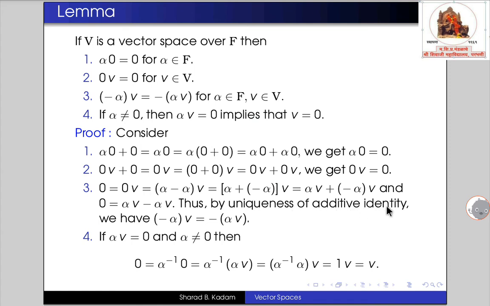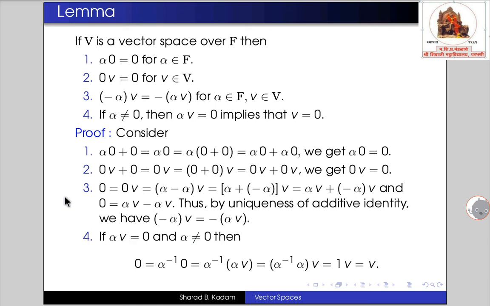Here we have additive inverse instead of identity. So we have minus alpha into V equals to minus in bracket alpha V.